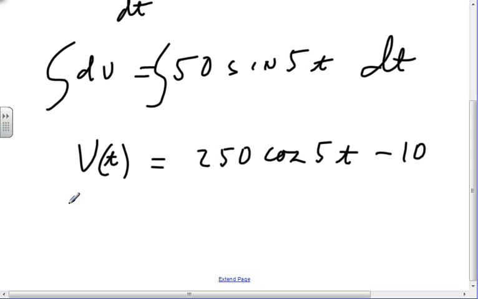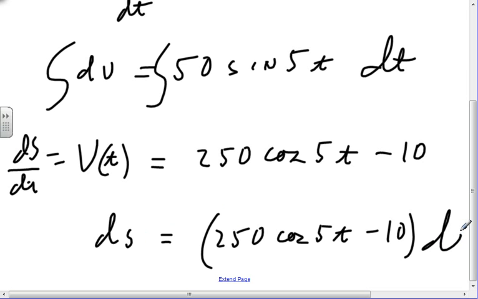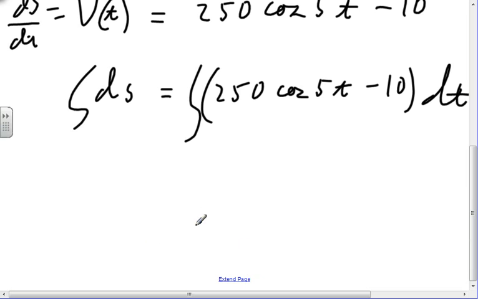Velocity is change in position over change in time, so the change in position is 250 cosine 5t plus minus 10 dt. You see any patterns here? Integrate both sides. Position, final answer, position at time t.